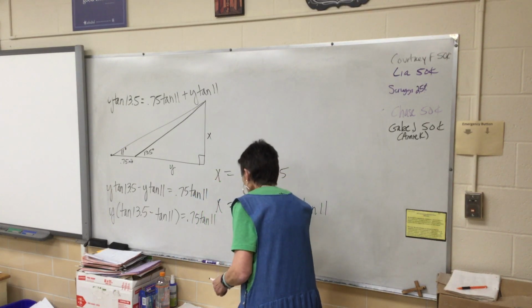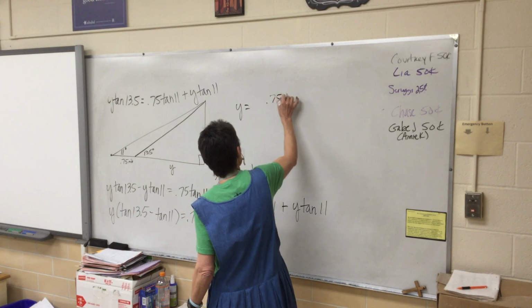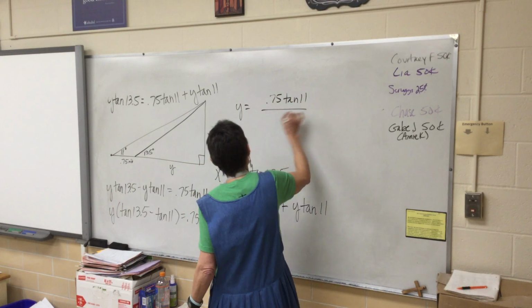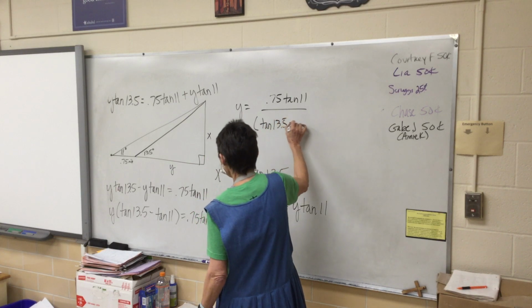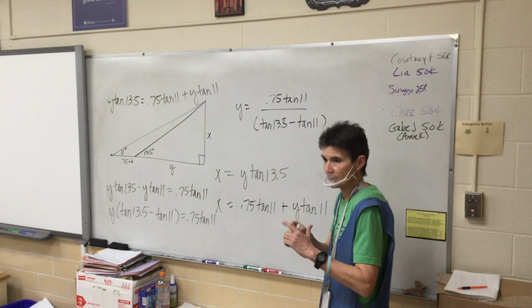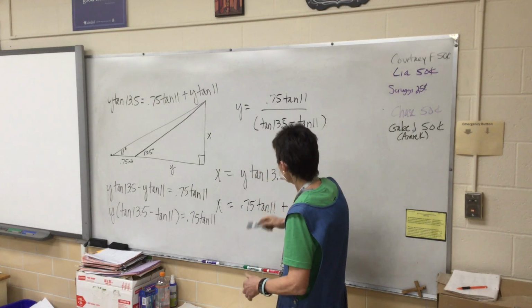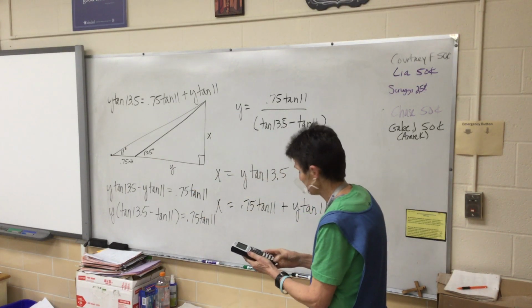So when I divide by the parentheses, I'm gonna have y equal to 0.75 tan 11 over that parentheses, tan 13.5 minus tan 11. Normally I wouldn't write those parentheses in there when I divided, but I have to put them in on my calculator, so I'm gonna do that.